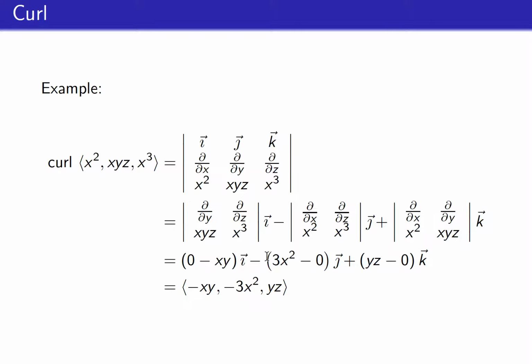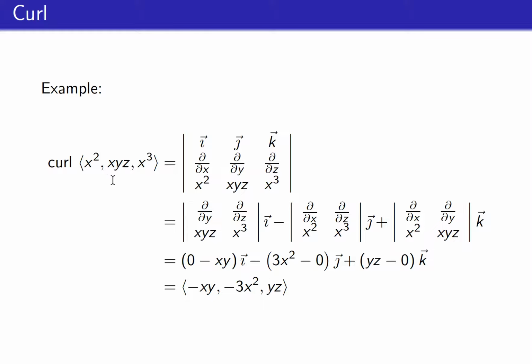Minus, or that's the i component, minus, and now you take the partial derivative of x cubed, which is 3x squared, and partial derivative with respect to z of x squared is 0. So subtract those, and then similarly partial derivative with respect to x here, that's yz, and minus partial derivative here is 0, and just put them all together, negative xy, negative 3x squared, and yz, like so.